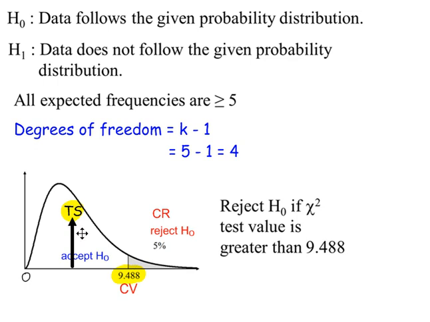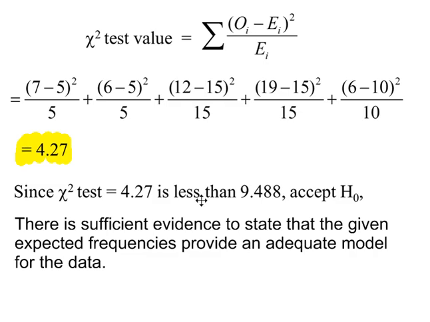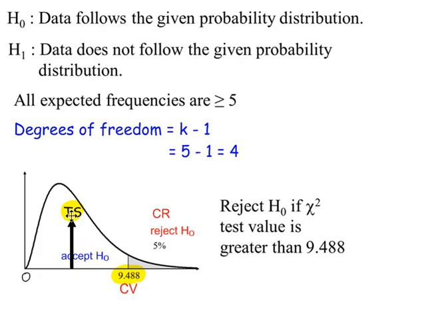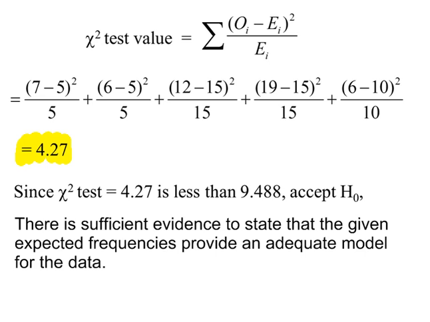We now just need to work out our test statistic. Using the formula and all the values in the table, TS is 4.27, and we can see that 4.27 here is less than 9.488, so we're going to accept H0 and then our conclusion.